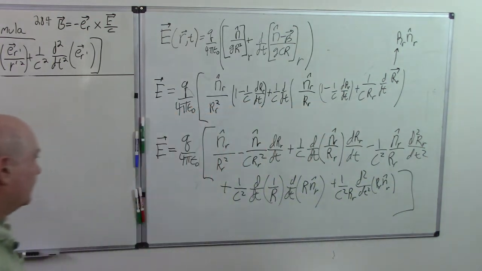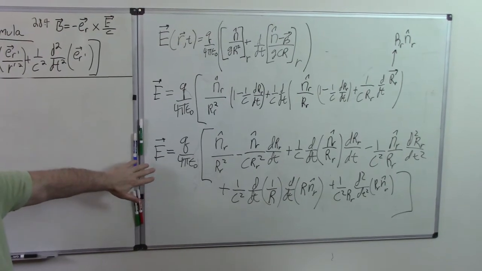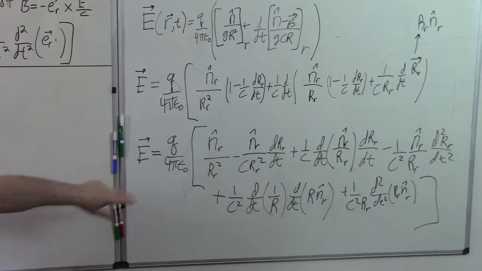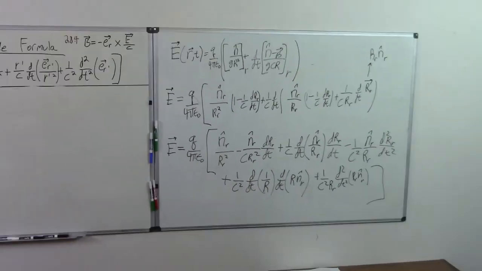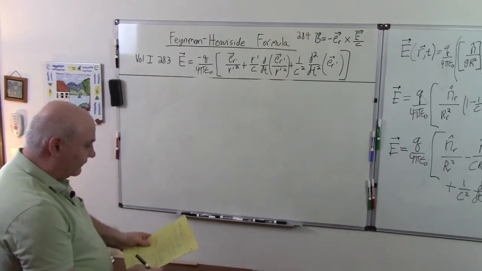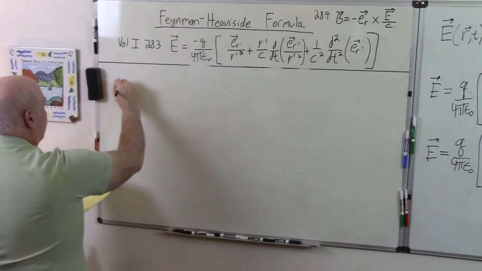Okay, so there's a lot of terms in this formula, but there are cancellations. When we take some of these derivatives and write it out carefully, there will be cancellations which will lead to this formula. So the way I approached it, and what I suggest here, is just start with the no derivative term.